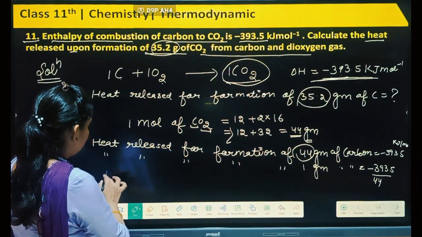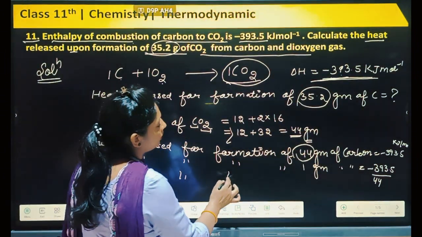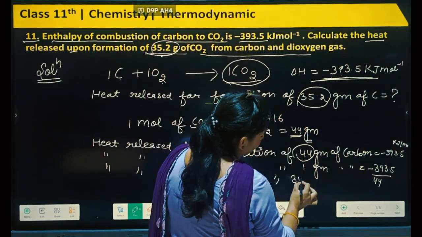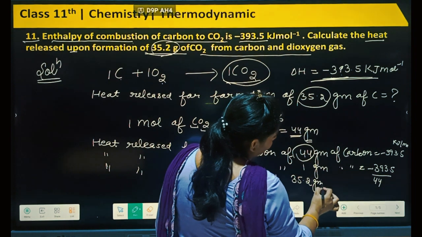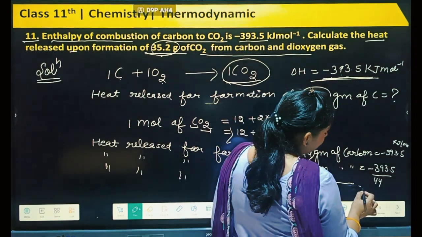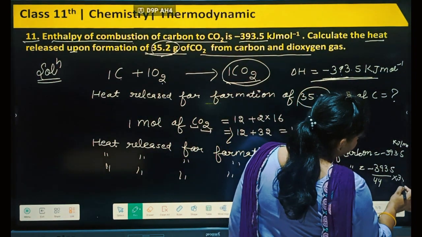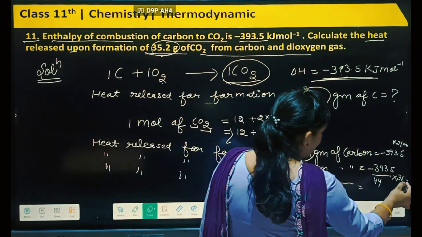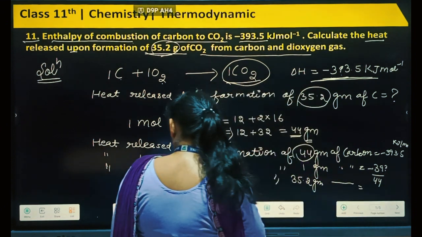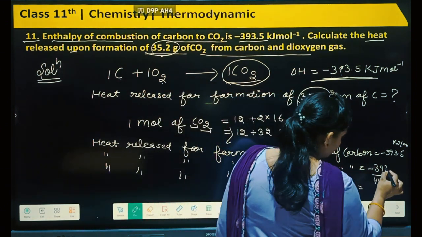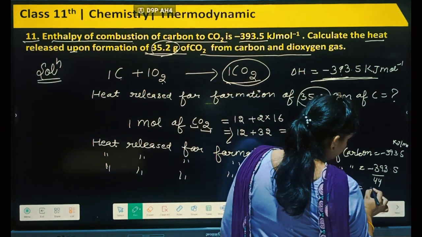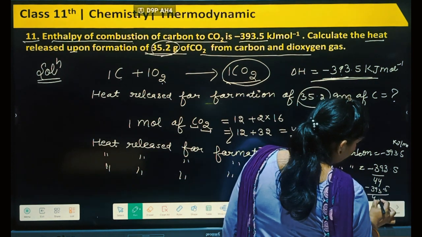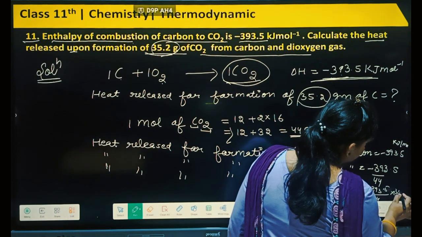Then heat released for formation of 35.2 gram of CO2, you will multiply this by 35.2. Then students, after calculation, you can write 393.5 divided by 44 into 35.2.